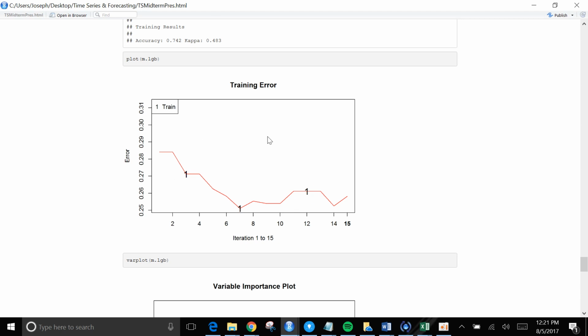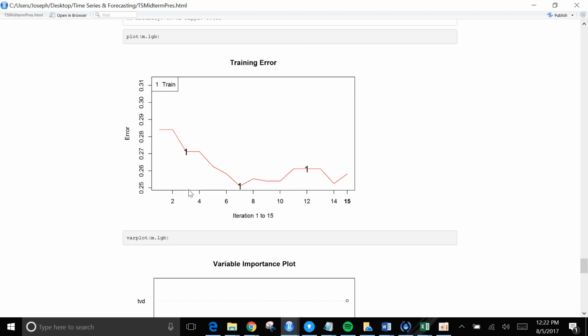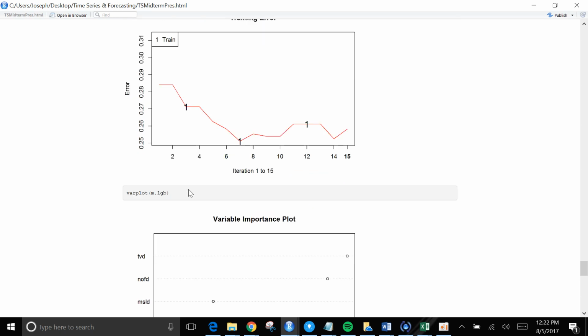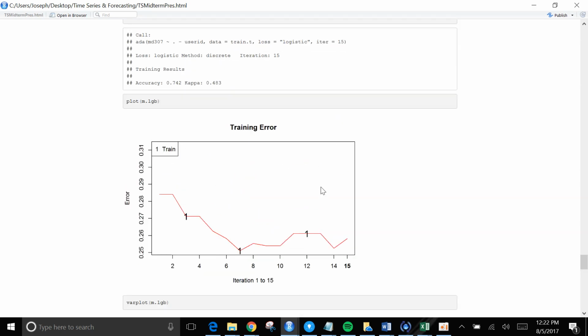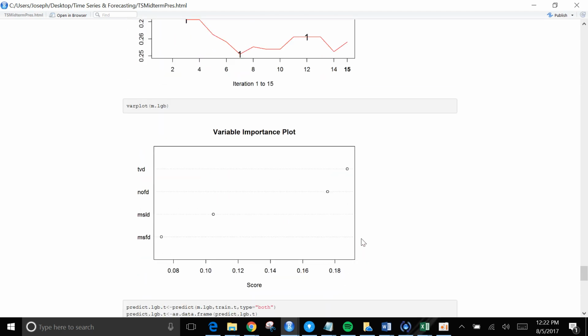The training error produced here is a little more optimal at 7 and 14, but for some reason the times that I was getting more optimal results through really high iteration counts, where the classification rate was in the mid to high 90s for both the train and test data set, weren't performing super well in the log loss function and the scoring. So I chose to utilize 15 iterations for this final model.